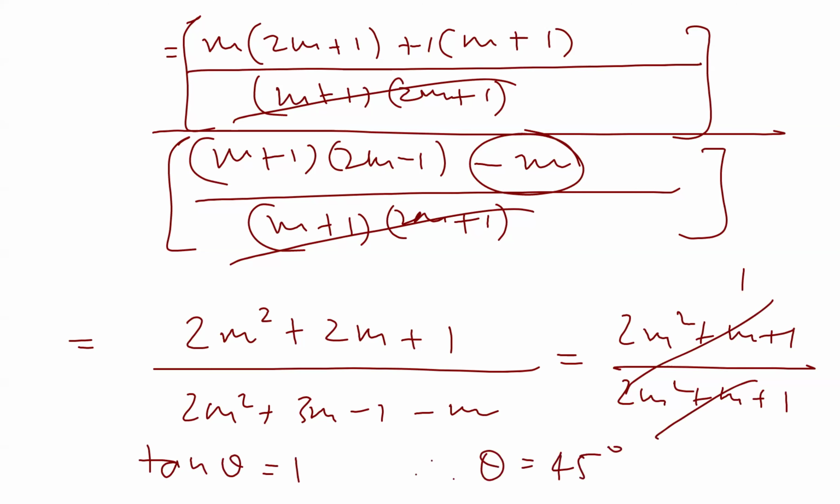So let us go to the next problem. I suppose I should take question number 17 right now. In triangle ABC, AD is perpendicular to BC.